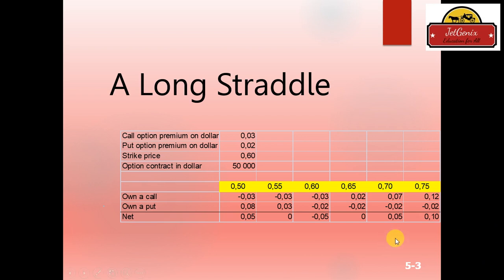So if you see here, we have the call premium that is 0.03, and for the put option the premium is 0.02. And for both cases, the call and put option, the strike price remains 0.6. And let's assume that the size of the option contract is $50,000.